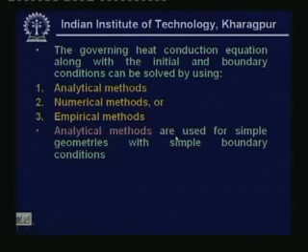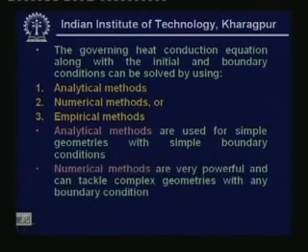So what are the typical characteristics of these methods? Analytical methods are used for simple geometries with simple boundary conditions. Simple geometries means you have a plane wall. Simple boundary conditions means outside temperature or outside radiation varies as a simple harmonic. For this kind of simple geometries and simple boundary conditions, you can derive an analytical expression, or get an analytical solution.